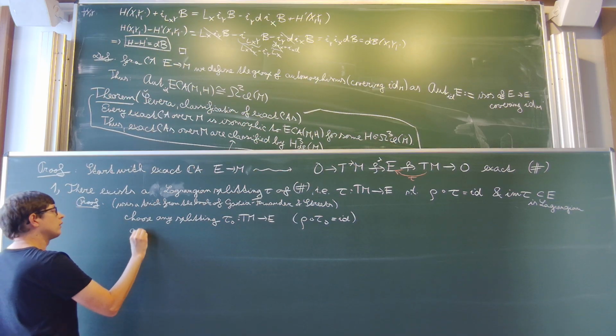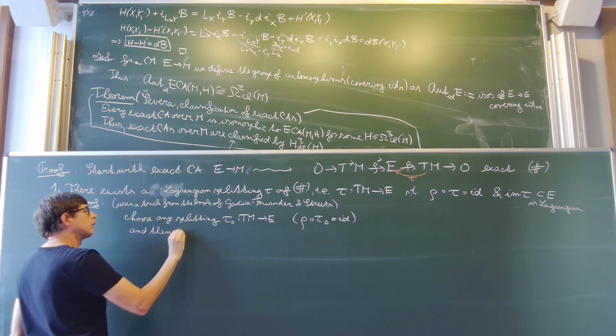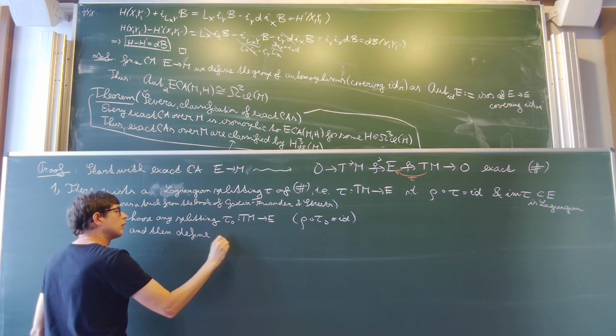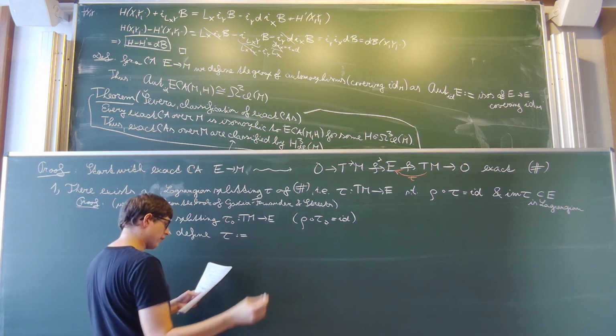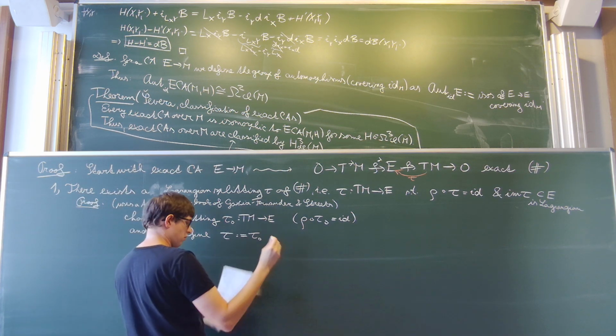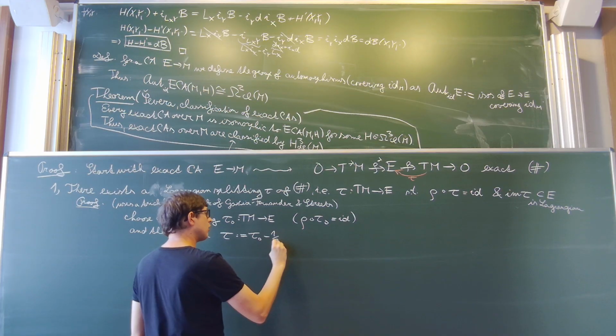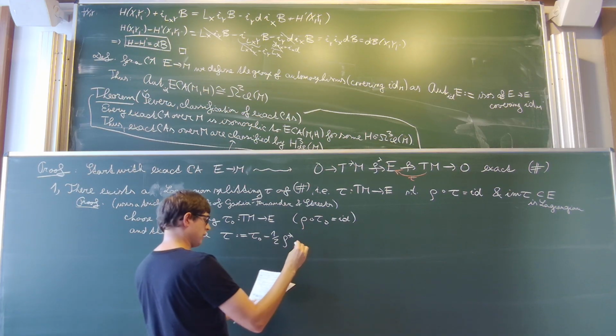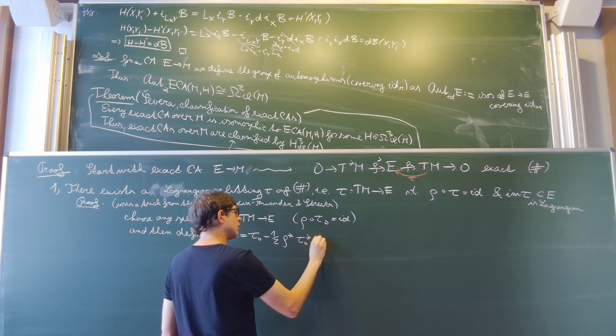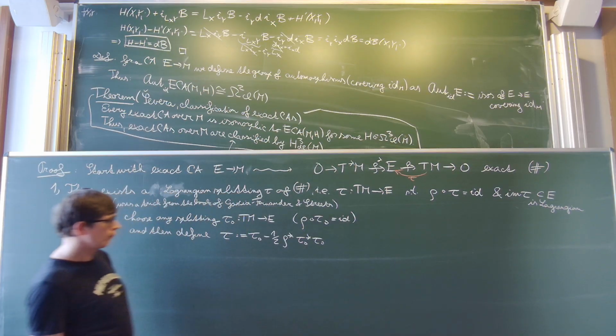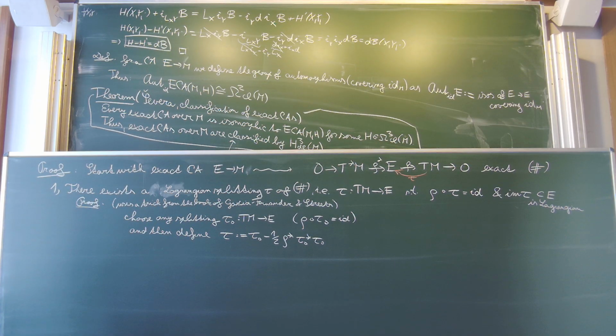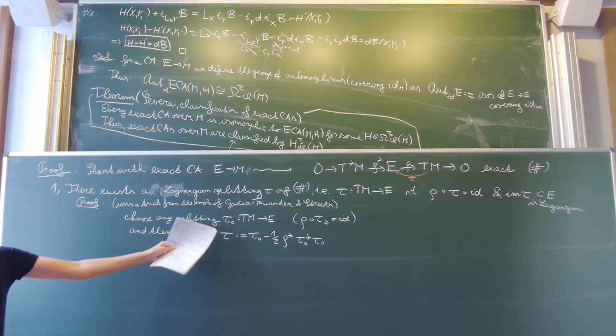And then define a new map, tau, which I will define to be tau 0 minus 1/2 rho star tau 0 star tau 0. And what I want to claim now is that this thing is a Lagrangian splitting.